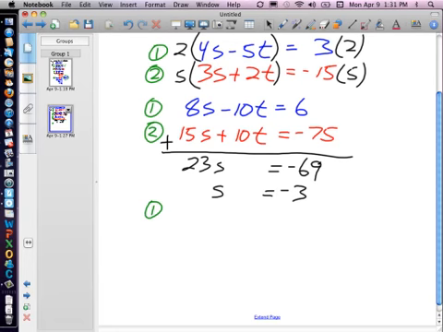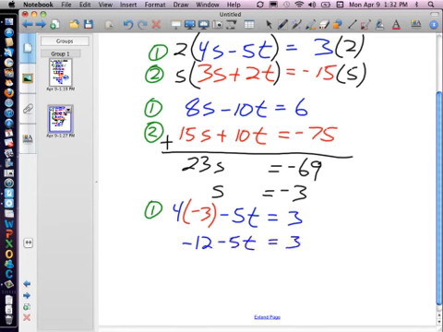So equation 1, we have 4s, which is negative 3, minus 5t equals 3. And we're going to solve for t, so negative 12 minus 5t equals 3, and we're adding 12 to both sides. Negative 5t equals 15. Dividing both sides by negative 5 gives us negative 3.